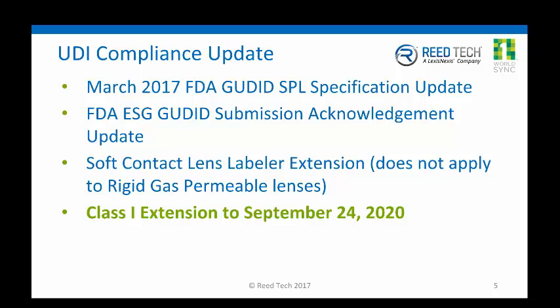So what we could expect from the FDA during this time period of extension is a data quality review where perhaps they may find some tweaks they need to make to either business rules that are currently in place for UDI or the processes in which the data is shared.